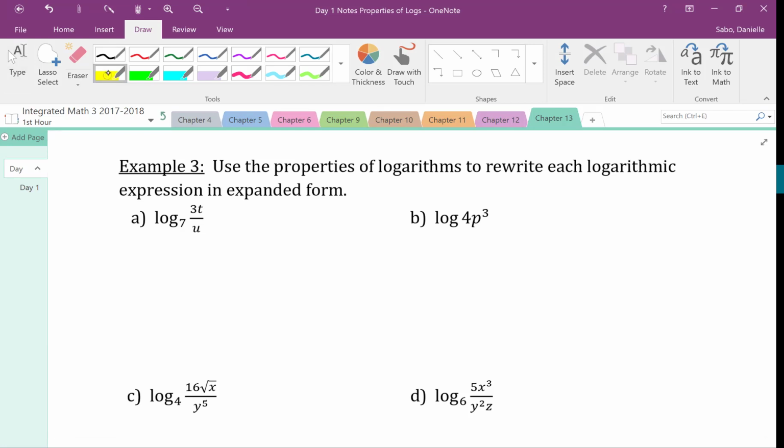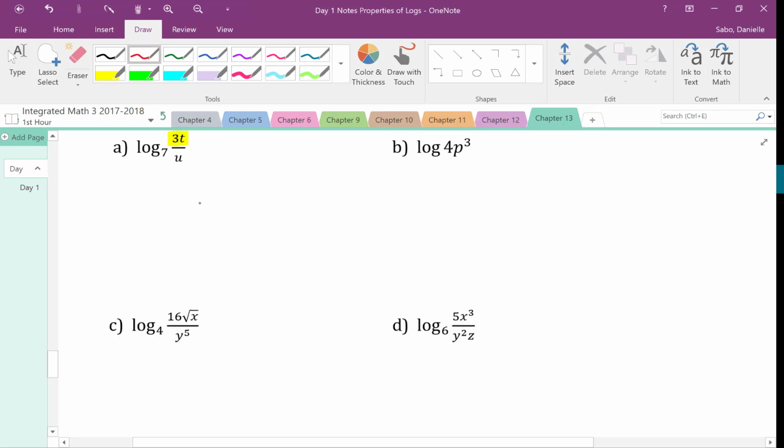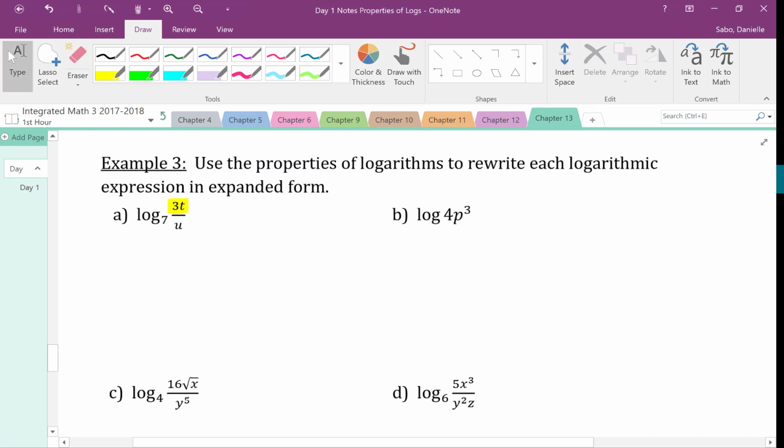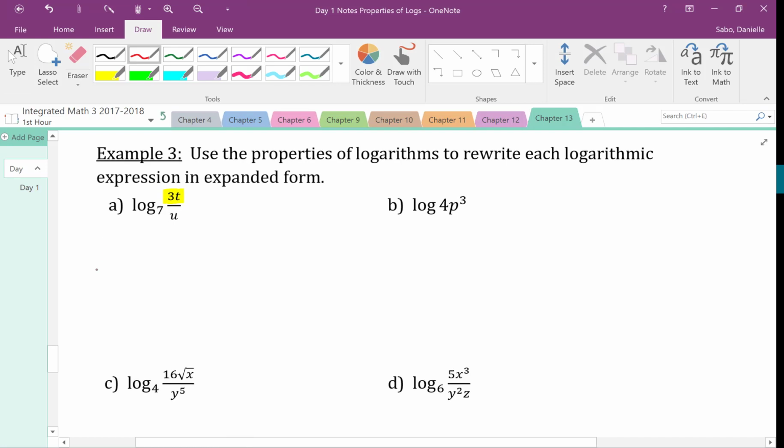So, what operation do you see right here on the top? Multiplication. What operation goes with multiplication? Addition. So let's go ahead and do that. Log 7, you're taking each piece and breaking it up. Each piece, the 3 and the t, we're breaking it up.